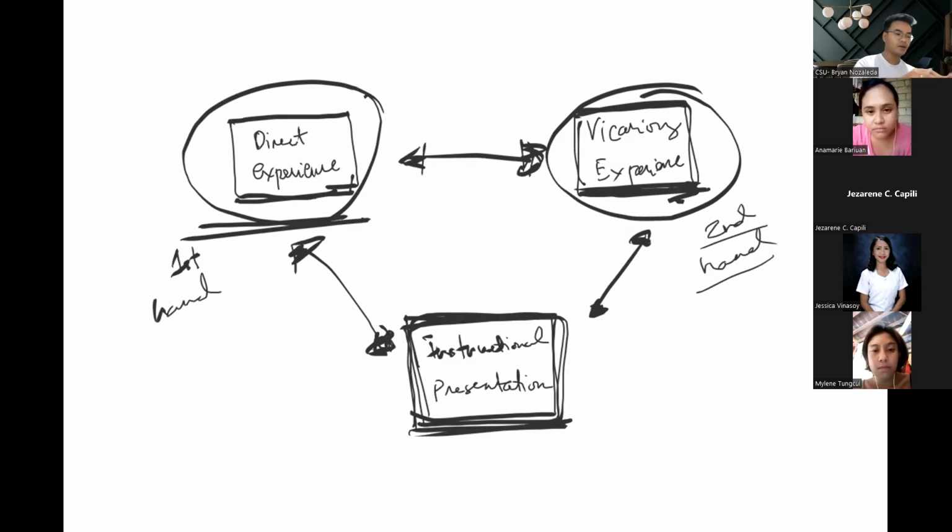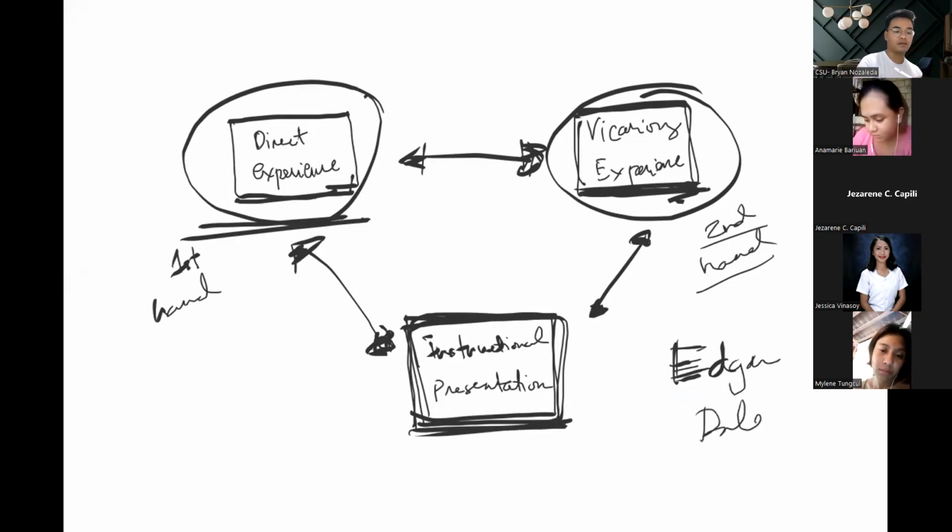Okay, so to further understand these three, a model of experiences was actually developed by the person whose name is Edgar Dale. Okay, in the 60s, he developed a model that presents to us the different experiences that can be implemented in the classroom.